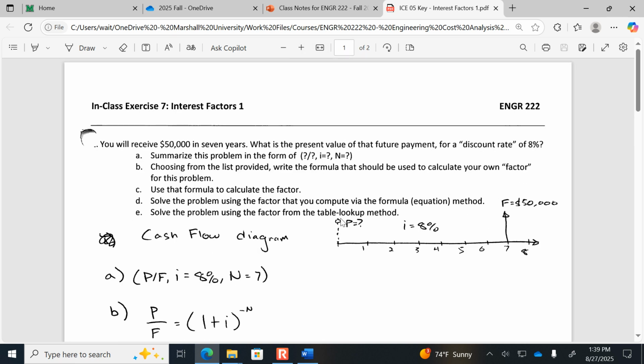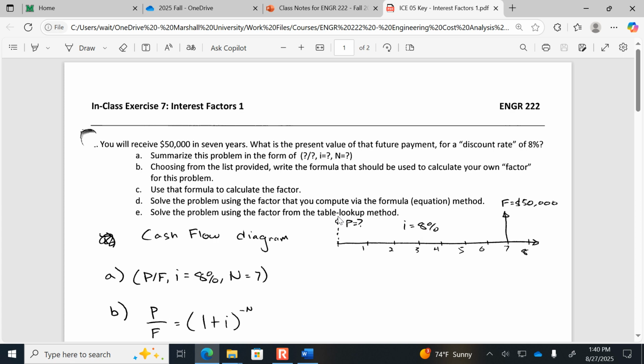The reason the arrow is up is the problem doesn't say that we have to make some deposit today in order to cover a future withdrawal. Really what it's saying is if you get $50,000 7 years in the future, how much is that worth today? So an inflow of $50,000 in the future is equal to an inflow of what today? First things first, that's why the arrow is up on this cash flow diagram.